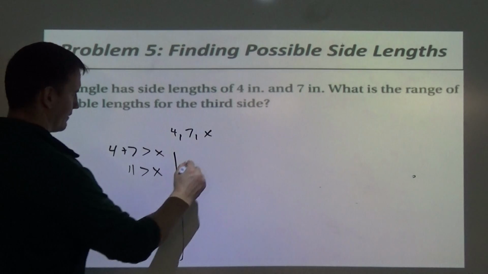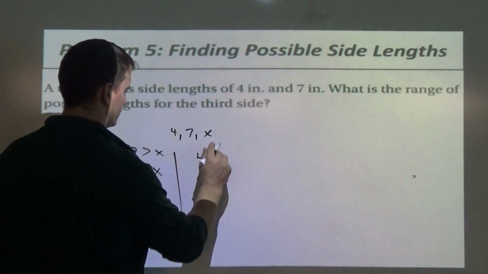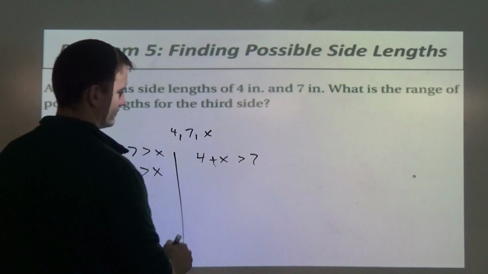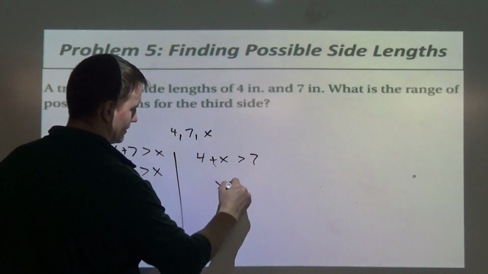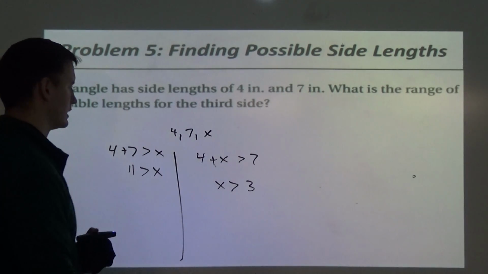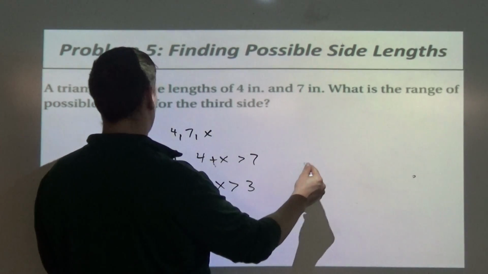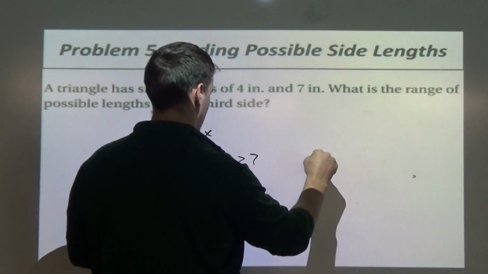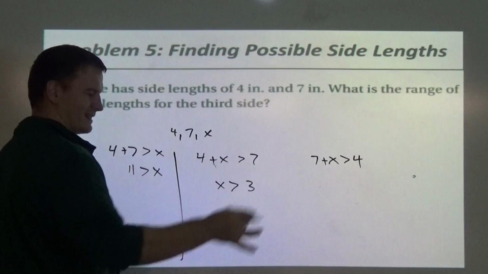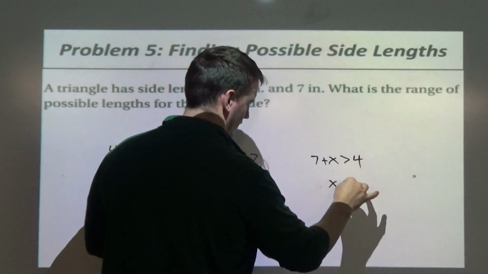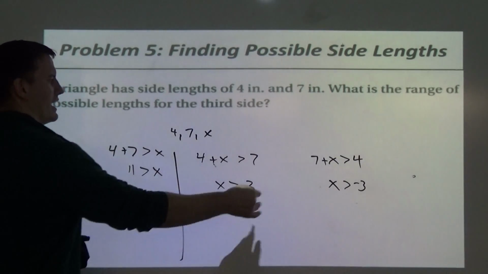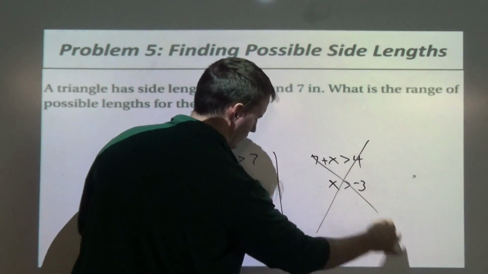You gotta do this 3 times, okay? 4 plus x needs to be greater than 7. Well, then x needs to be greater than 3. Subtract the 4 from both sides. And then we need to do 7 plus x needs to be greater than 4. If we subtract the 7, we get x greater than -3. We're not even going to use that. We should usually have one inequality that we don't use.